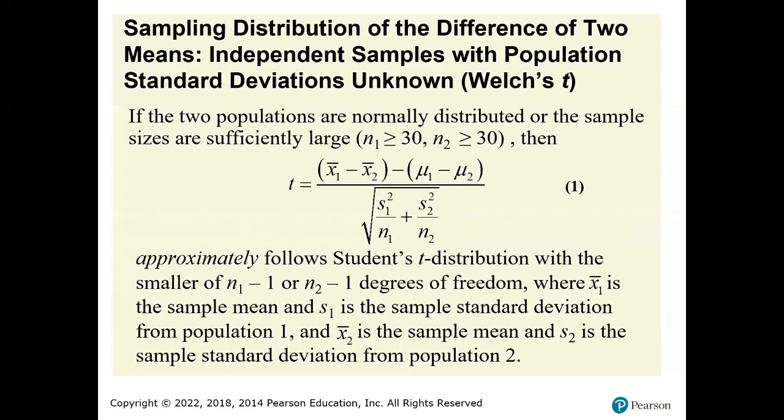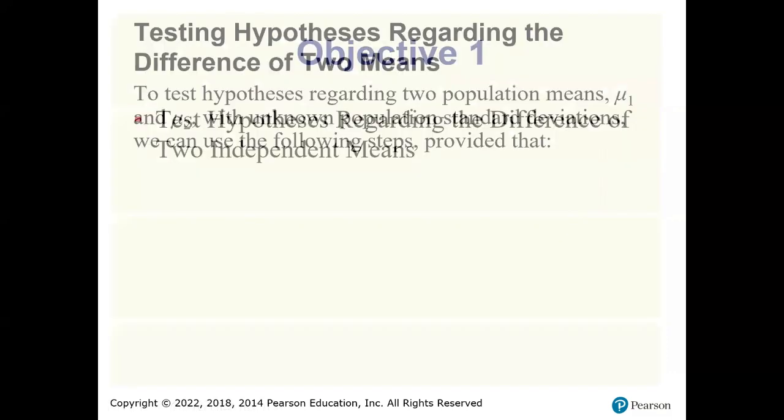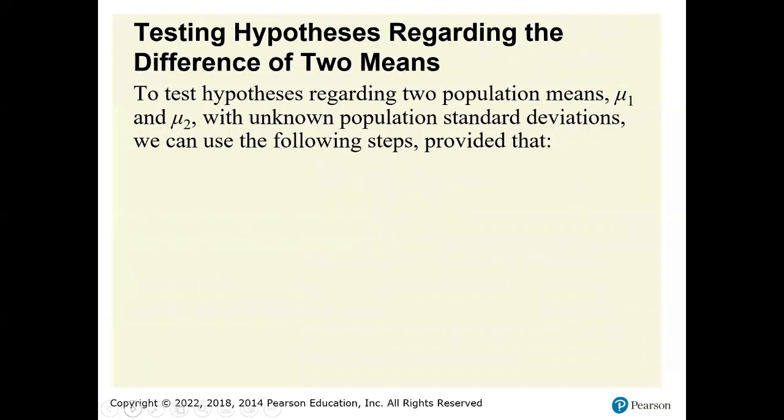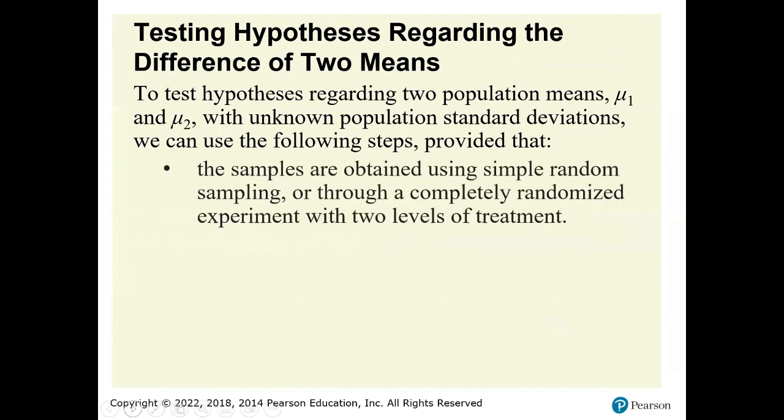Biggest thing, though, is that we must know that they're random samples and they're either from normal populations or they are a large sample size. How do we go about doing this? Well, we can test two means as long as the samples are random. The samples are independent, so there's no relationship between the two here.